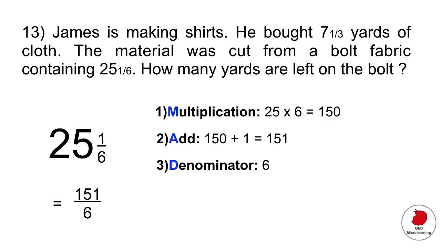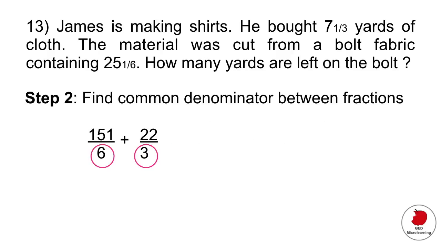Step 2 is now we're going to add these improper fractions together. However, remember that there's a rule that in order to add or subtract fractions, they have to have the same denominator, meaning that the number at the bottom has to be the same. So we have to find a common denominator. What number do these two numbers in the bottom divide by?